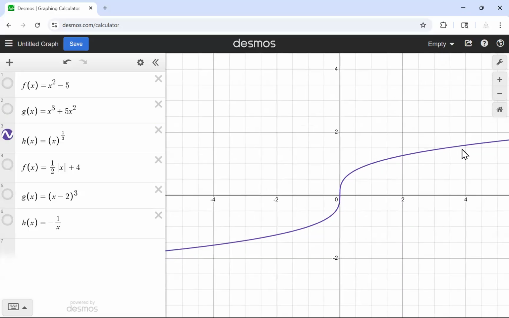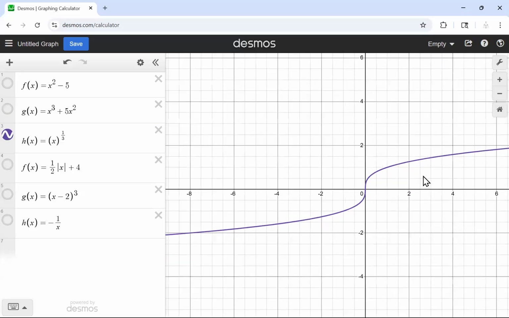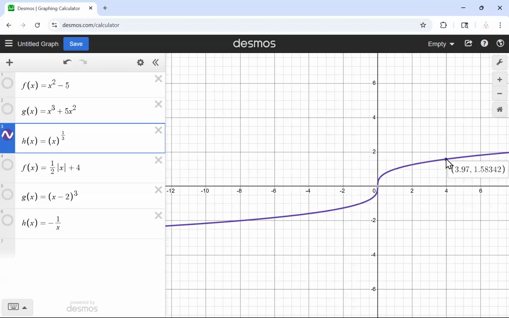Every point over here, let's say 4, comma 1.59, has a corresponding point of negative 4, negative 1.59 over there. That is what it means to be reflected through the origin.